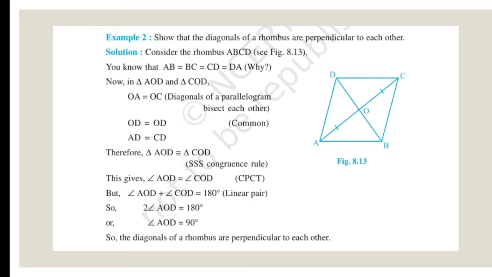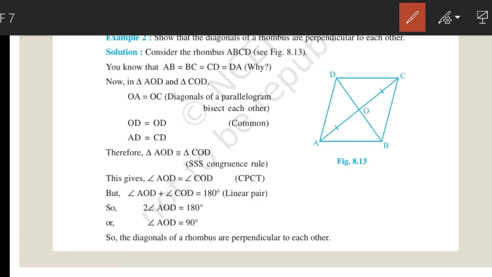Now question 2. Question 2 says, show that the diagonals of a rhombus are perpendicular to each other. So we know that a rhombus is a quadrilateral where all sides are equal and the diagonals bisect each other at 90.